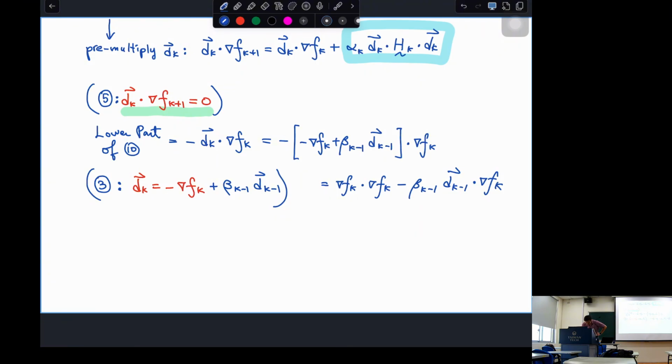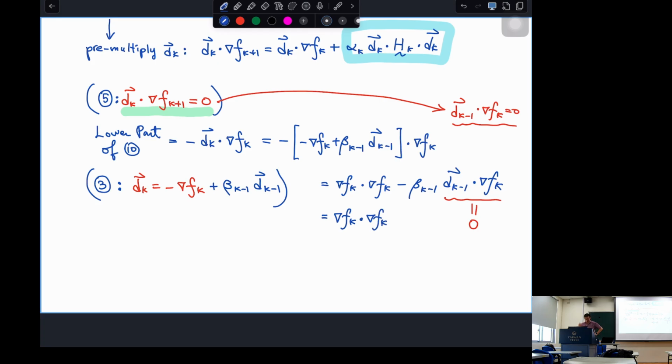If you minus the index by 1, you end up with dk minus 1 dot gradient fk equals 0, right? This is exactly this term, and this equals 0. So amazingly, this ends up with gradient fk dot gradient fk. So this is the lower part of 10.